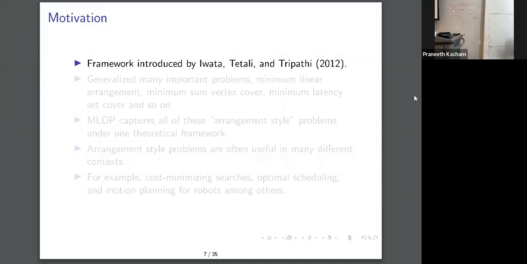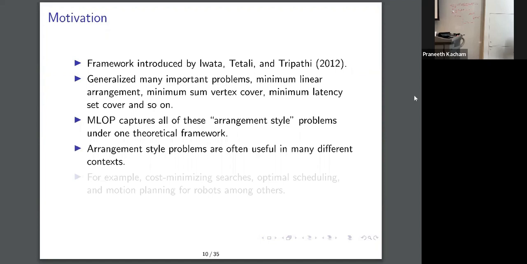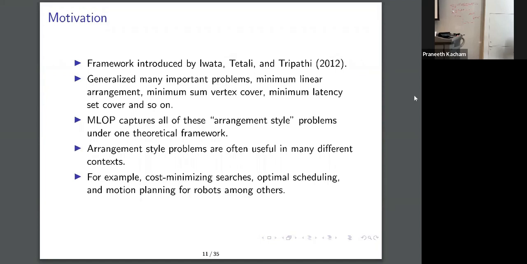And it was introduced to generalize some previously studied problems by Iwata et al. For example, the minimum linear arrangement that we mentioned, minimum sum vertex cover, and minimum latency set cover that we will mention as examples.